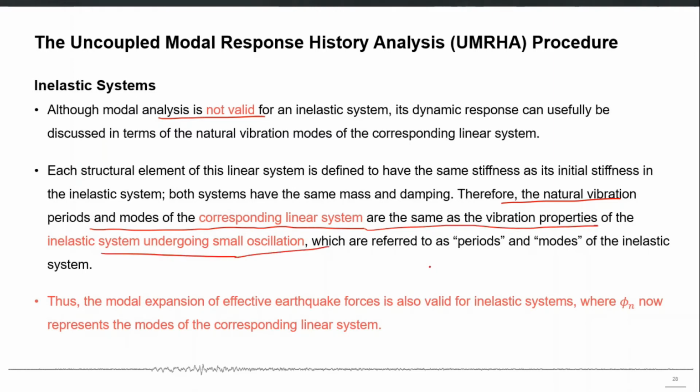So we assume that the nonlinear system has the same mode shape and time period which its corresponding linear system would have had. If the same system is subjected to a vibration of very small amplitude, it would behave in a linear manner and have some mode shapes and time periods.